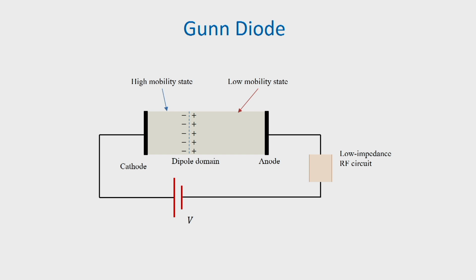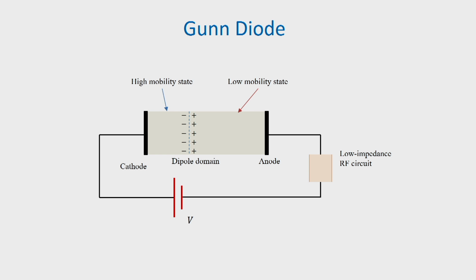A dipole domain is essentially a region of electron concentration and depletion. So, such dipole domains are formed near the cathode.